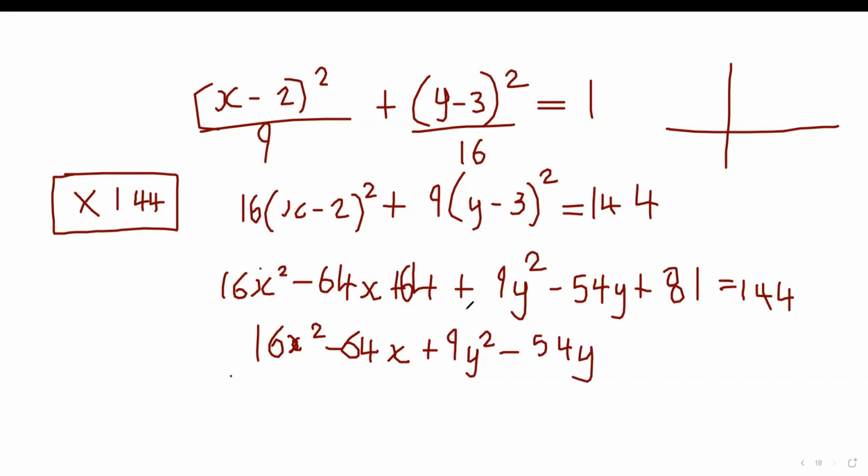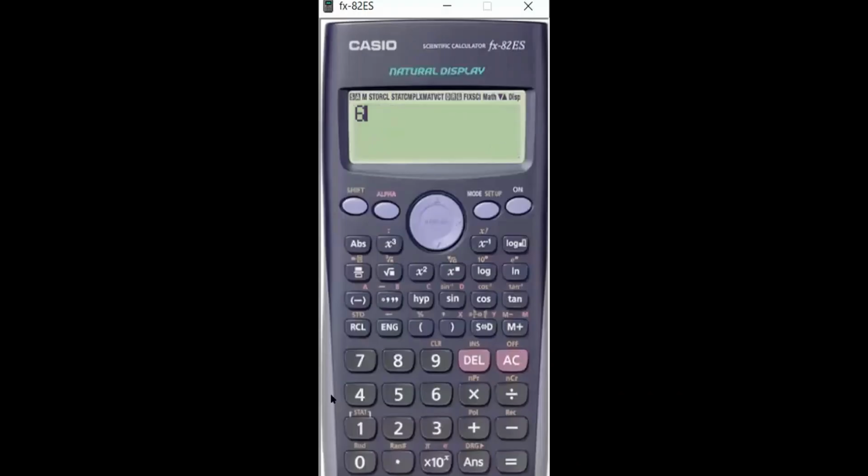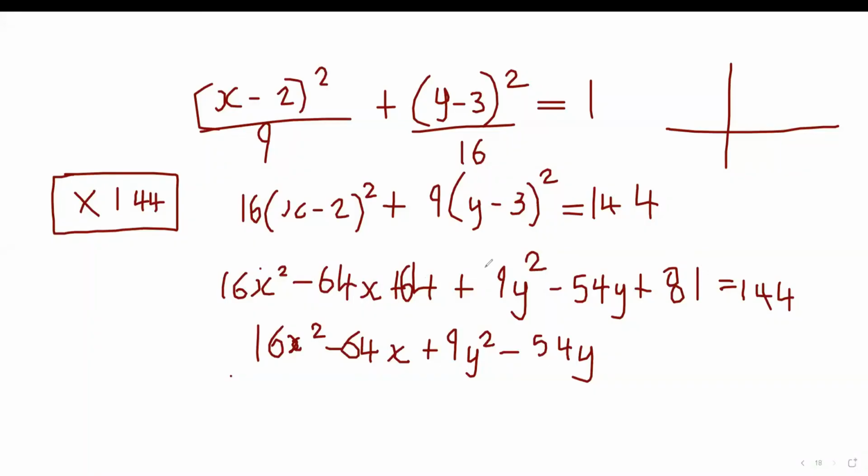Now look at this, 64, 81, add them together. 64 plus 81 gives you 145. If you add them here, you get 145 equal 144. When you bring it to the other side, it's going to equal -1.